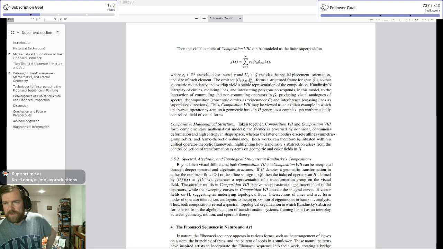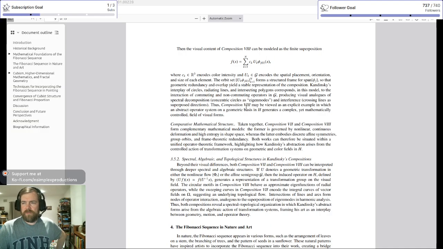The visual content of Composition 8 can be modeled as a finite superposition. C_k in R3 encodes color intensity RGB, and U_k in G encodes the spatial placement, orientation, and size of each element. The orbit set forms a structured frame for the span of phi_j, so that geometric redundancy and overlap yield a stable representation of the composition.